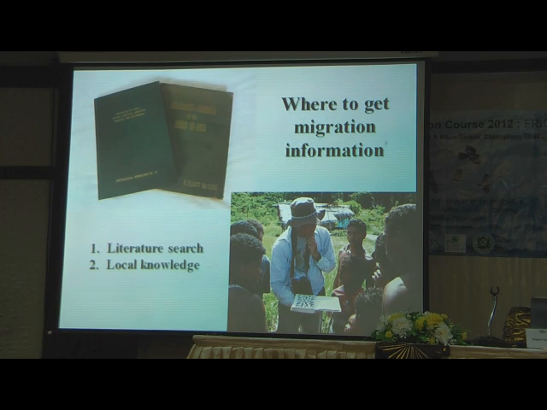Quite often you can find information about migrant raptors in reports, in journals, not about raptors but about other birds, or maybe about wildlife or about national parks. So this is a good way to get information about migration routes.